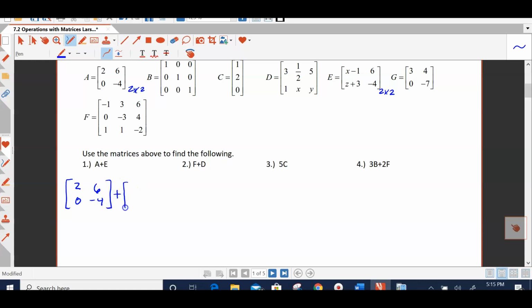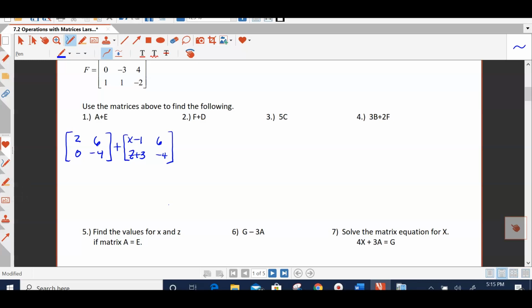And I'm going to add it to matrix E, which is x minus 1, 6, z plus 3, and negative 4. So I want to add corresponding entries. So that means I'm going to add the 2 plus the x minus 1. Then I'm going to take the 6 and add it to the 6. I'll take the 0 and add it to the z plus 3. And I'll take the negative 4 and add it to a negative 4.